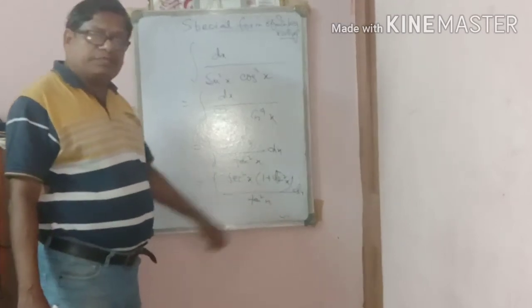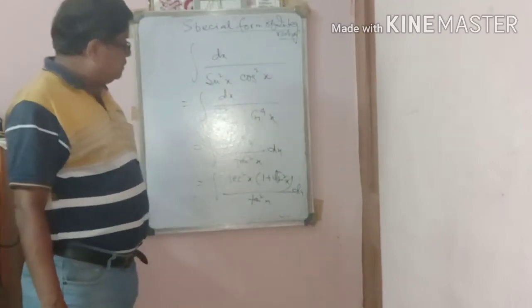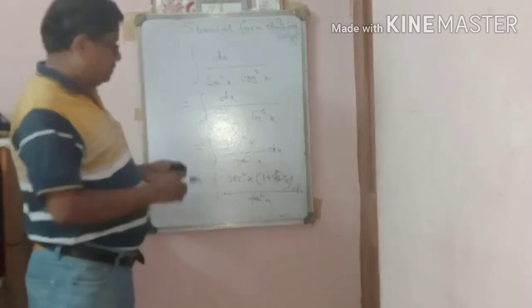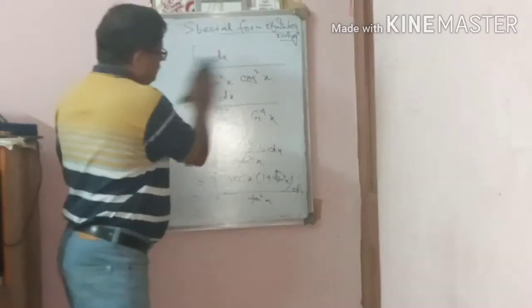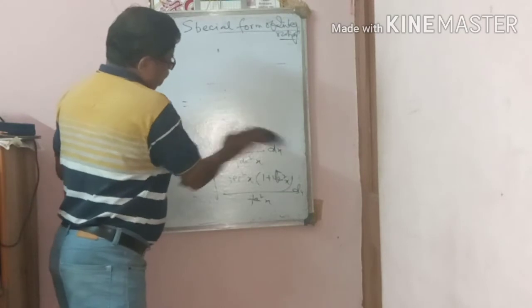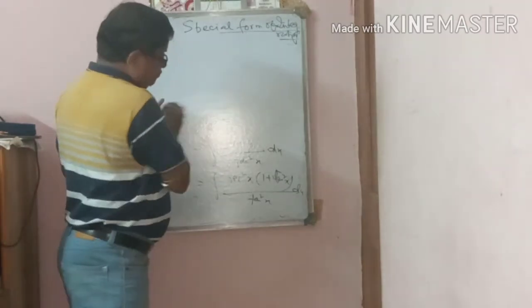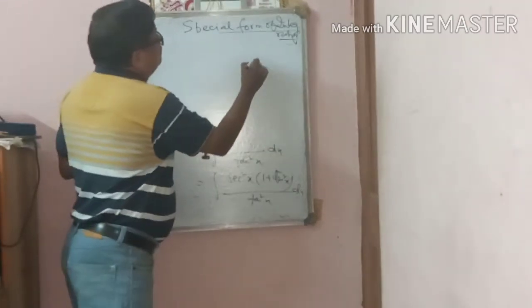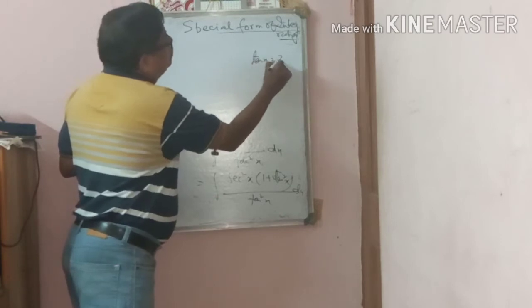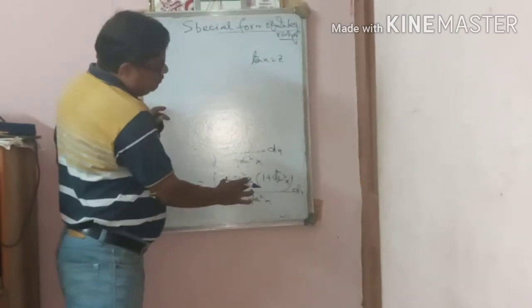Now tan x equals z, you have to consider tan x equals z. Then this part will be dz.